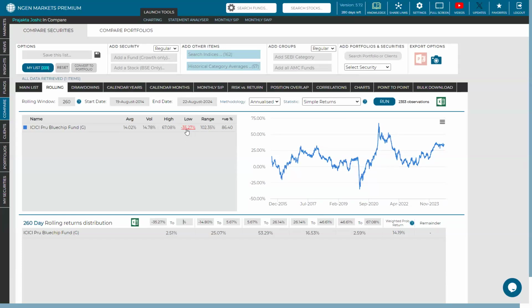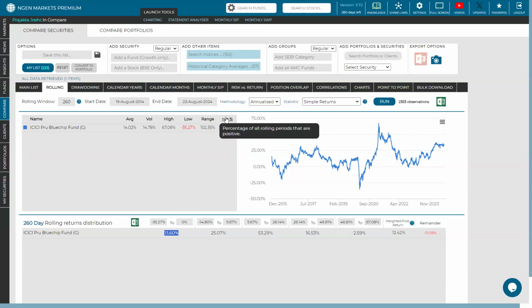So it can go as low as negative 35 and to what we will say zero. That typically is a negative return probability. So 13% of the times the fund under consideration will give returns in the negative quadrant. So if you do 100 minus 13.60, that is 86.40. That is the probability of it giving in the positive quadrant. So this is how these two are correlated.